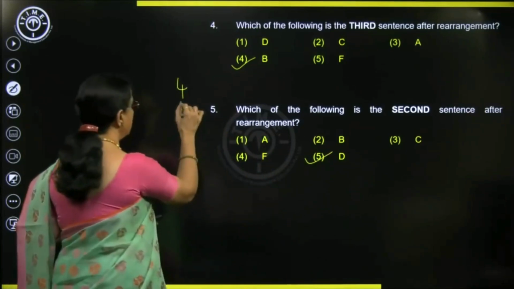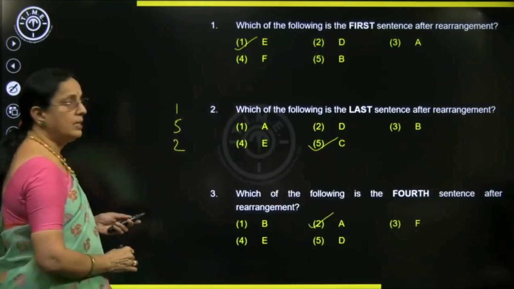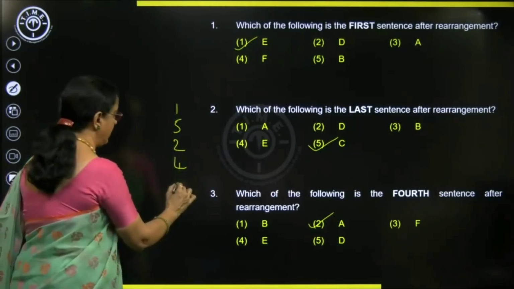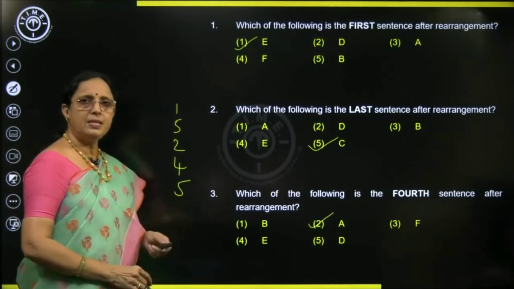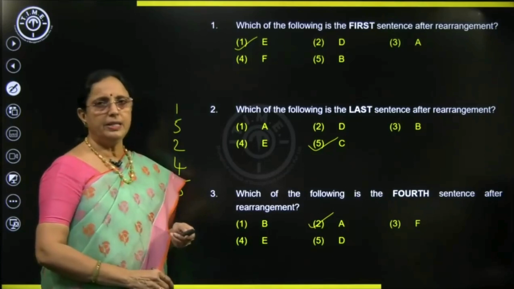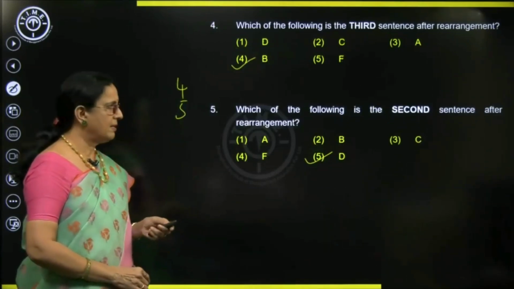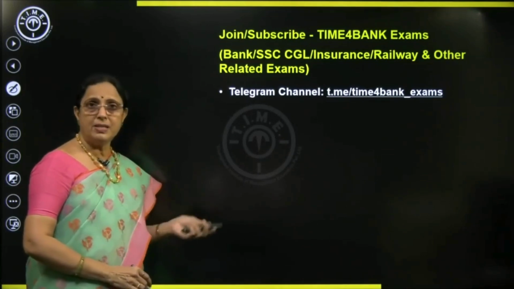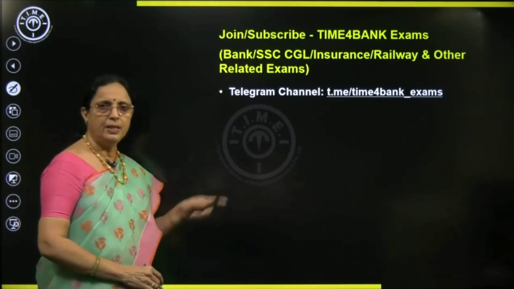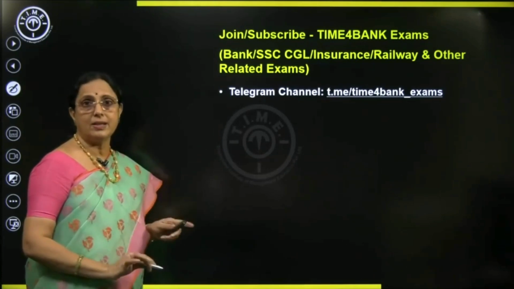So, our answers are 1, 5, 2, 4, 5. Do you understand? If you follow these steps meticulously, you can definitely give the answer right. Am I clear? I hope you followed my explanation. Let's apply this strategy. This will definitely help you in answering these questions correctly.